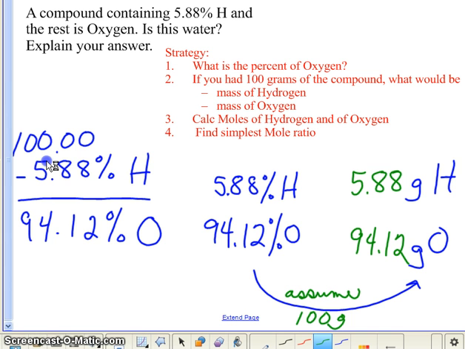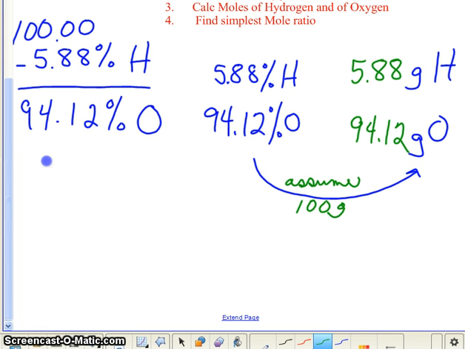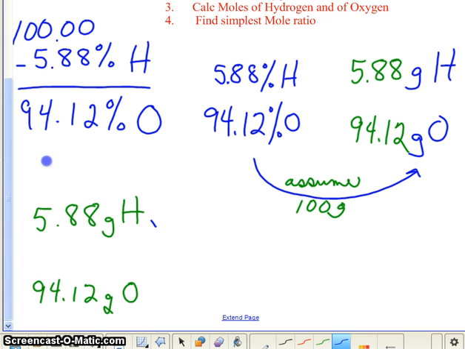So if I have 5.88 grams of hydrogen now, and I have 94.12 grams of oxygen. Can I go to moles? Sure. I'm going to put that over 1. I'm going to look up the molar mass of hydrogen, which is 1 gram, that are in 1 mole.